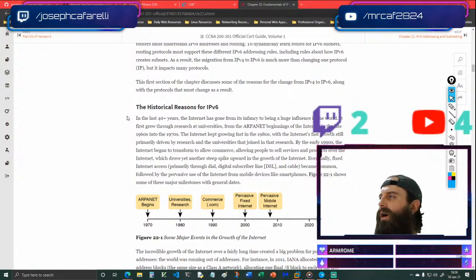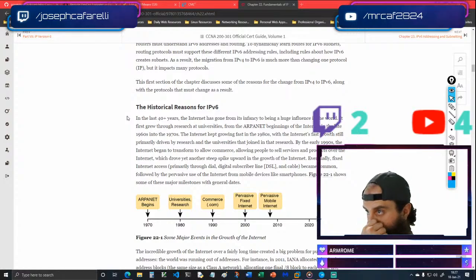Eventually, fixed internet access, primarily through dial-up, digital subscriber line (DSL), and cable, became common, followed by the prevalence of the internet on mobile devices like smartphones. The figure shows some of the major milestones and the general dates.